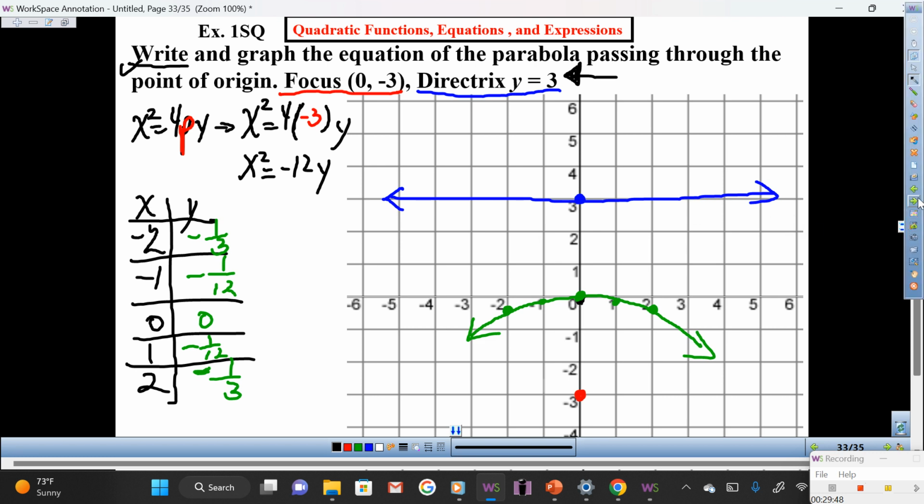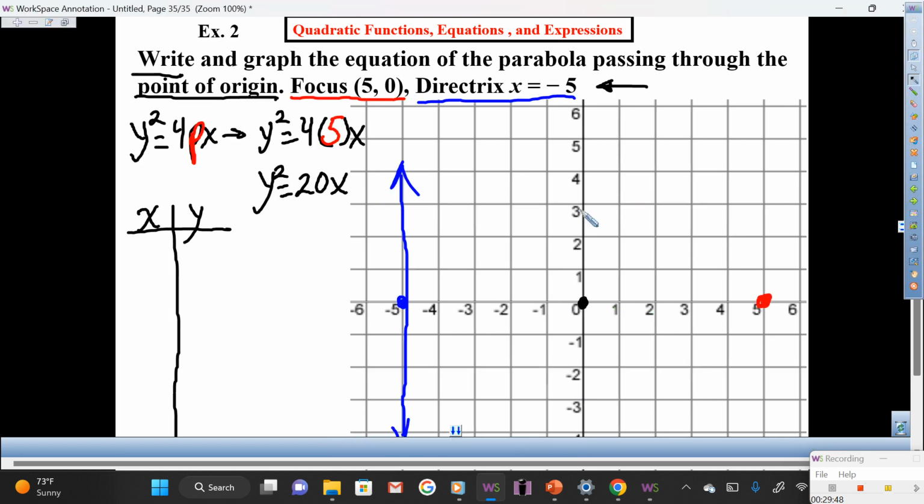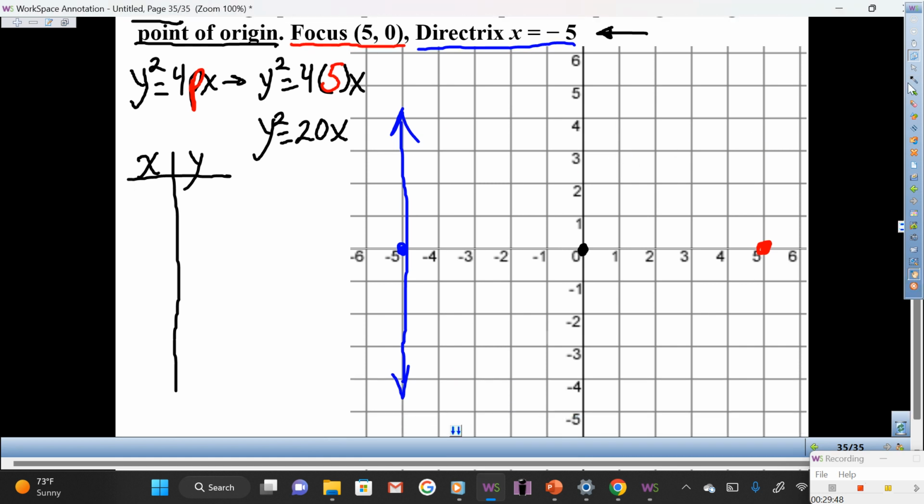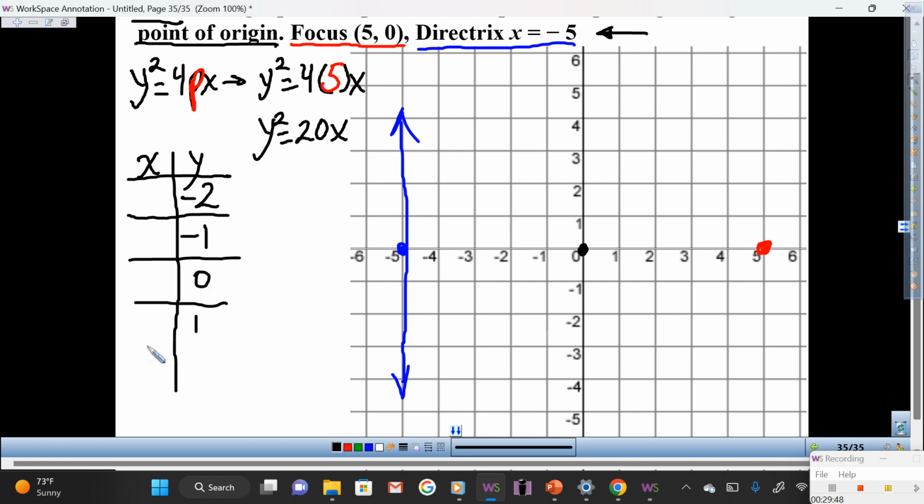But now this one is at what? Y squared, which means I need to fill in values to get started at the y value. So you write -2 right there, -1, 0, 1, and 2.